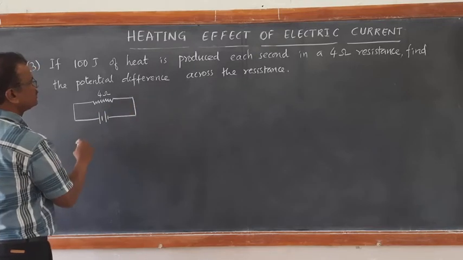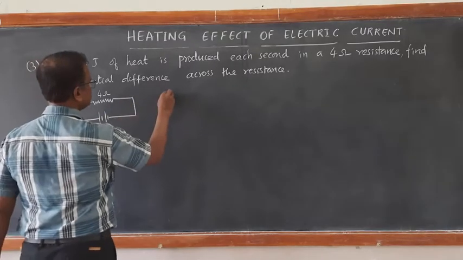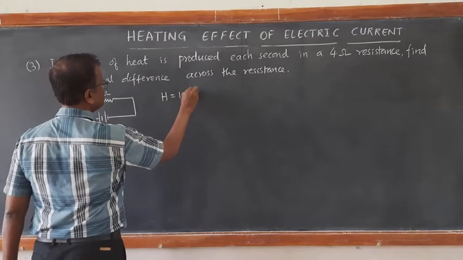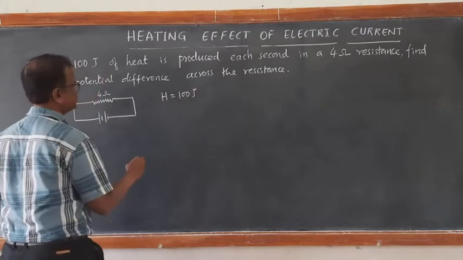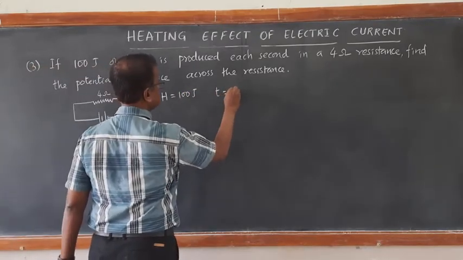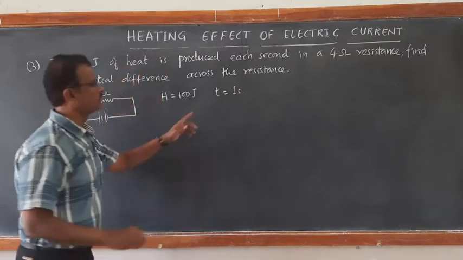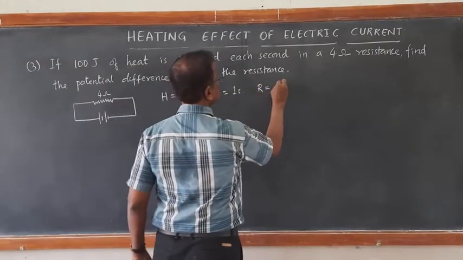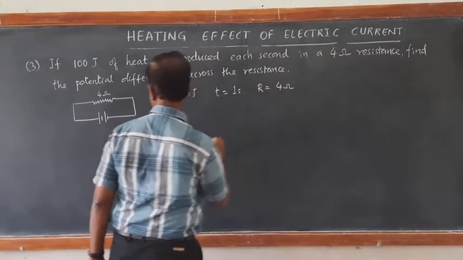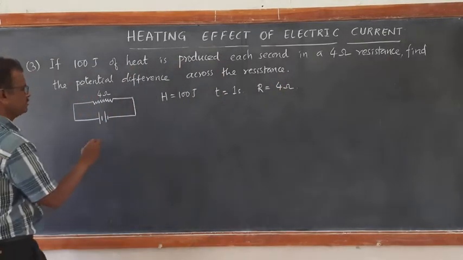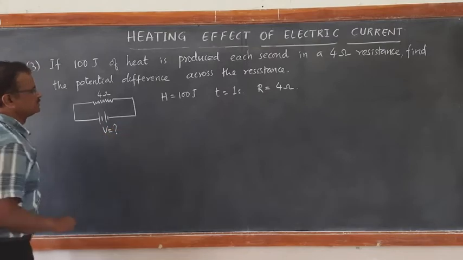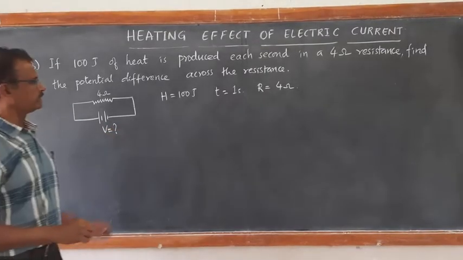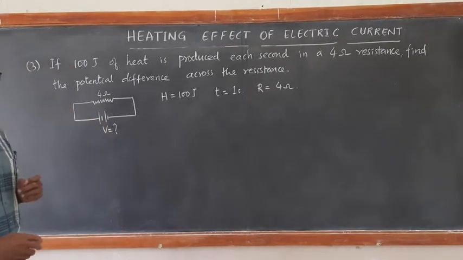When a heat of 100 joule is produced per second, the time taken is t equal to 1 second, and the resistance is 4 ohm. What is the voltage supply? In order to calculate the voltage supply, we need to know the current.